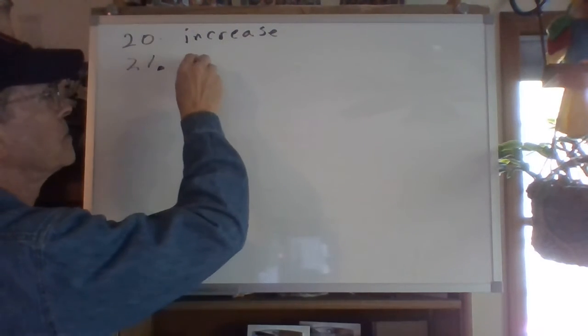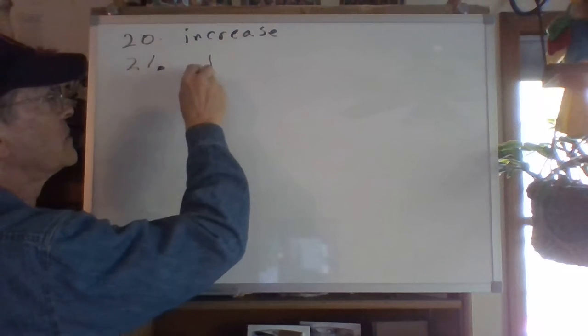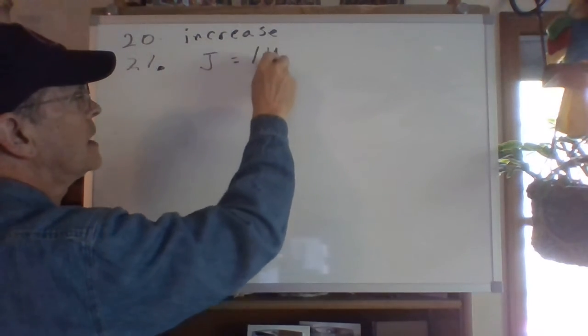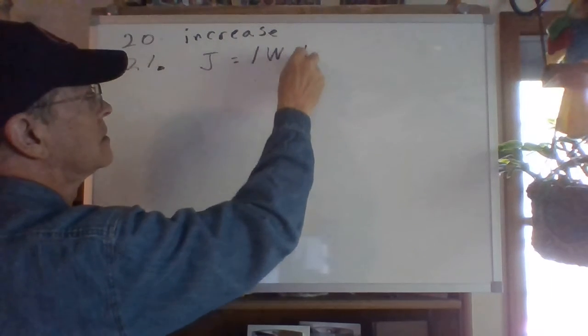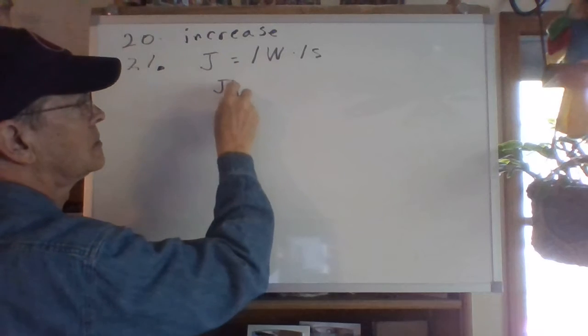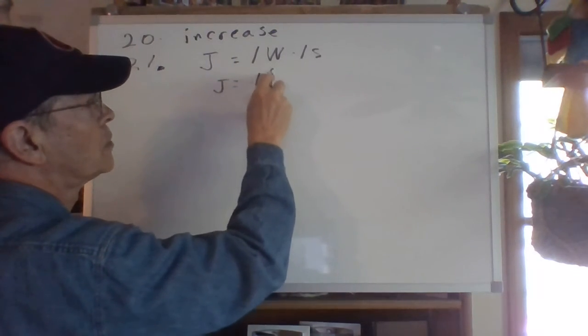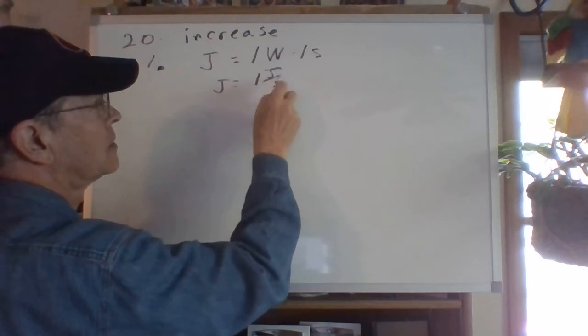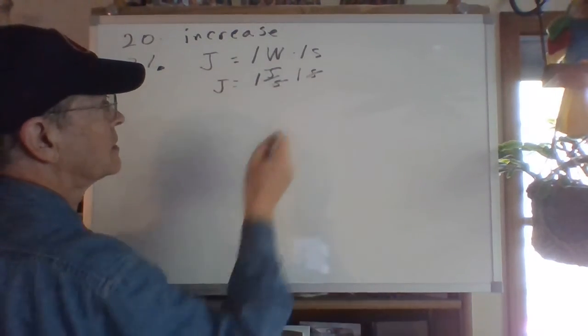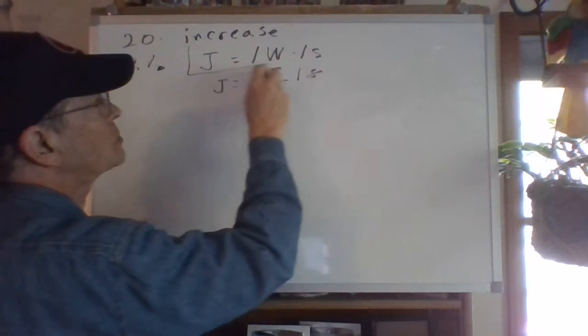Now if you think about it, a joule is a watt times a second. A watt is a joule per second, so a watt is 1 joule per second. You multiply that times seconds, you get joules, right? Seconds cancel. Well, that's too small of a unit.